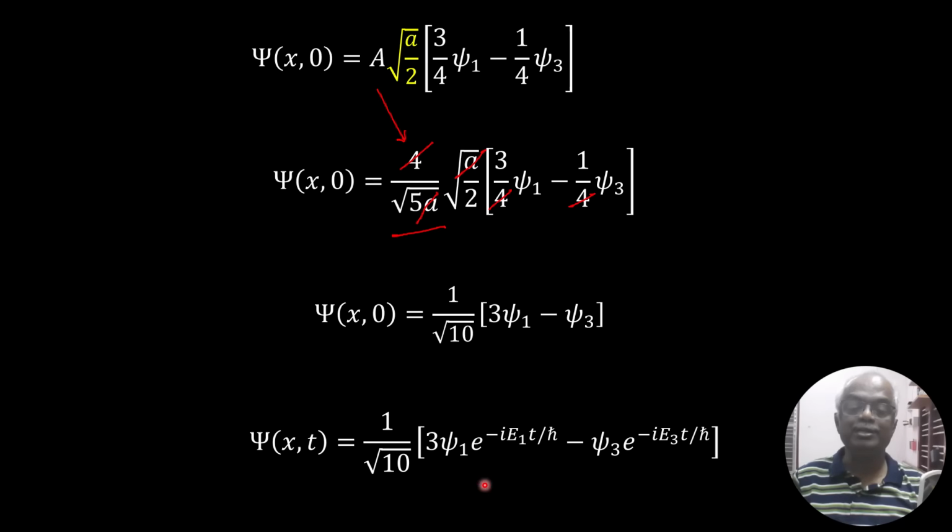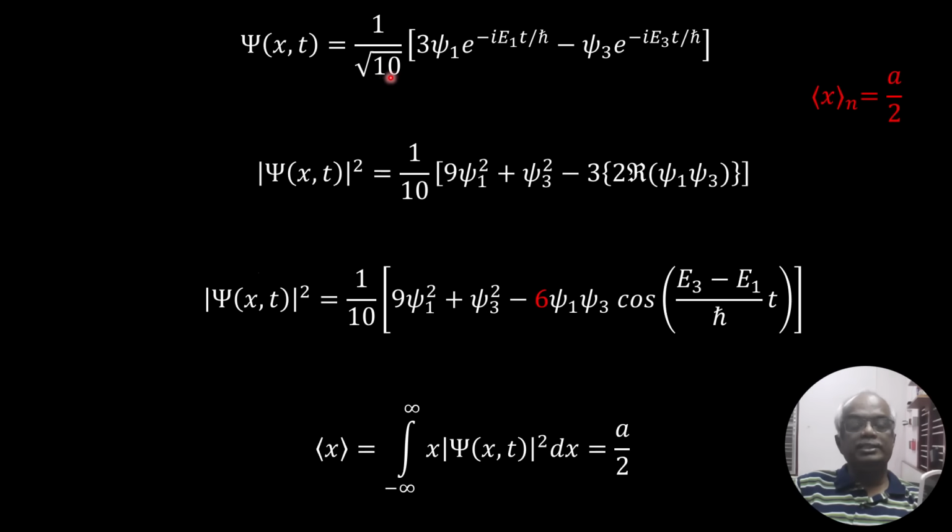For the first term, the time dependent factor is e power minus i E1 t over h cross, and e power minus i E3 t over h cross, because this is wave function psi 3 and this is psi 1. So this is the ground state, and this is the second excited state.